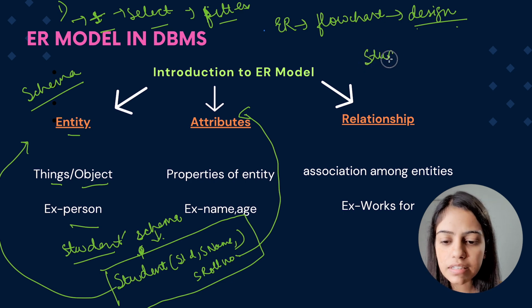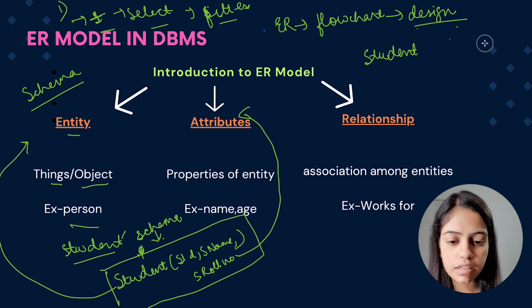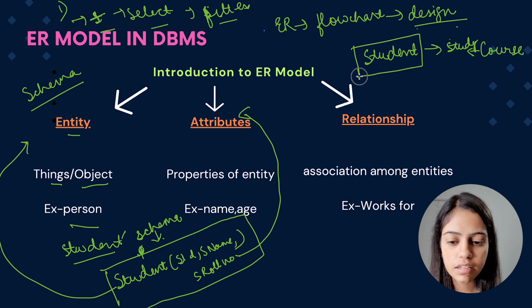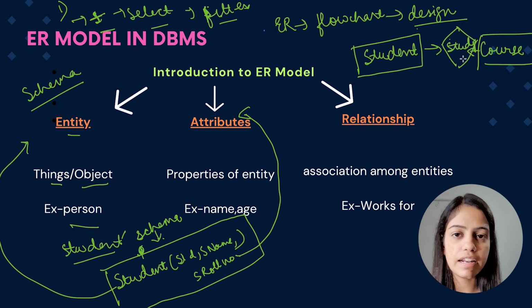So there is a student database, and there is a course database. Now what is the relationship between student and courses? Student studies course. So we give student in rectangular format and the relationship, studies, in diamond format.